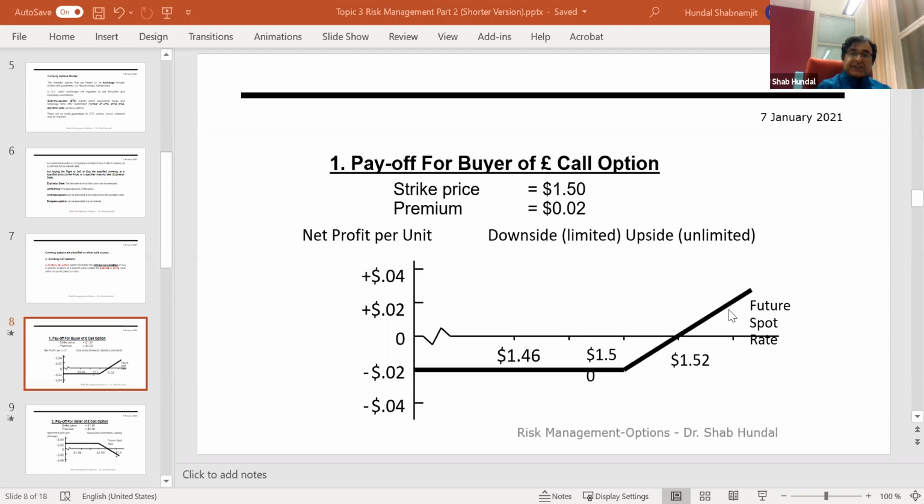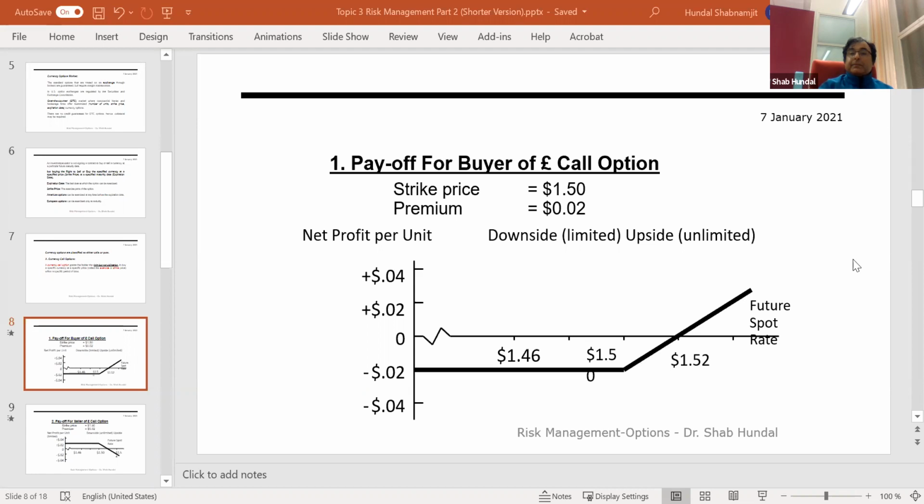So option ITM, ATM, and OTM: in the money, at the money, and out of the money. We always wish our option to be in the money. But the one good thing, being a buyer of the call option, is that there is no restriction on your gain.